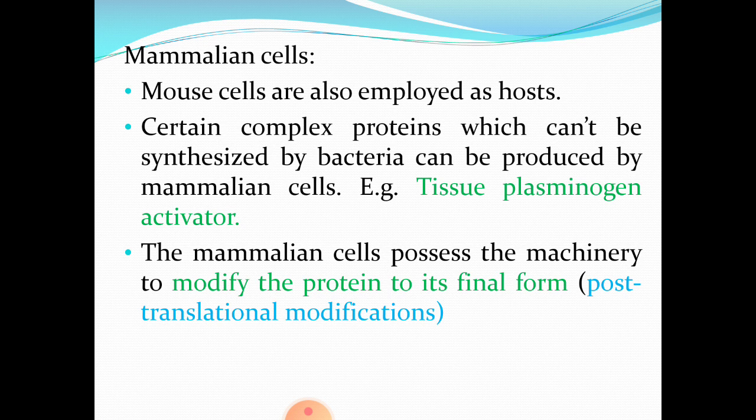Whereas, if you put the vector containing the gene for this tissue plasminogen activator into a mammalian cell, you can get the protein in its final form because these cells possess the machinery to modify the protein to its final 3D configuration. That means post-translational modification, so that when you retrieve the protein, it can be readily used for the purpose that you have designed it for. Okay.